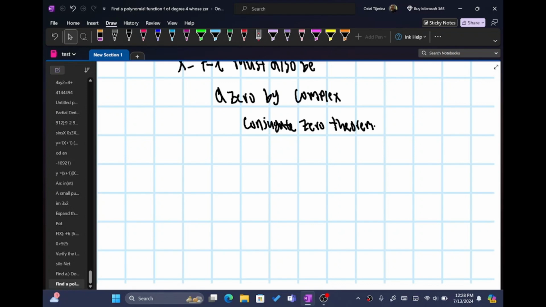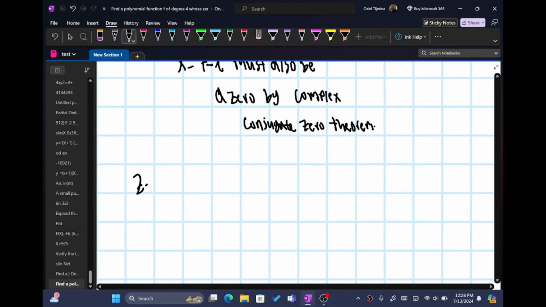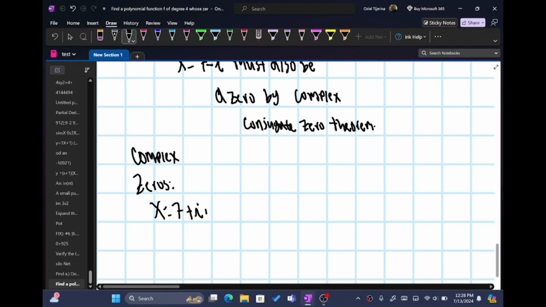So here we know that the complex zeros are x equals 7 plus i and x equals 7 minus i.